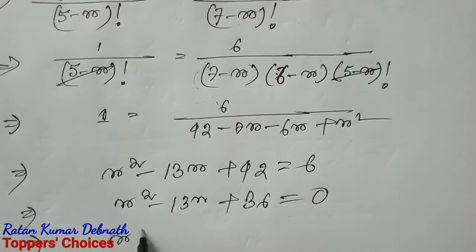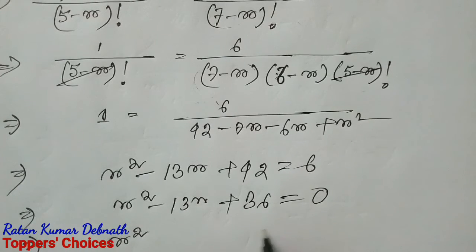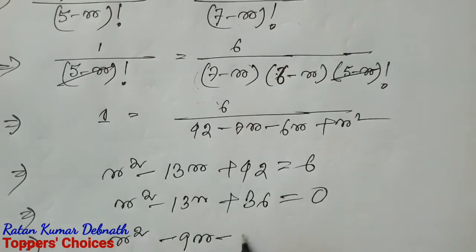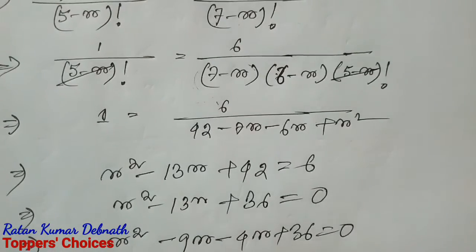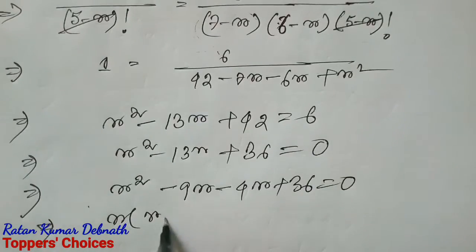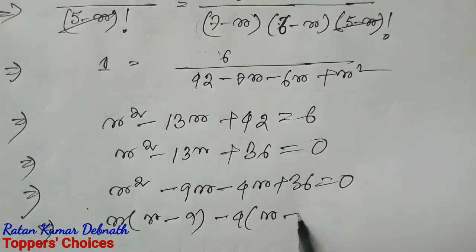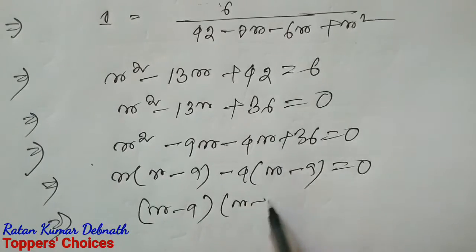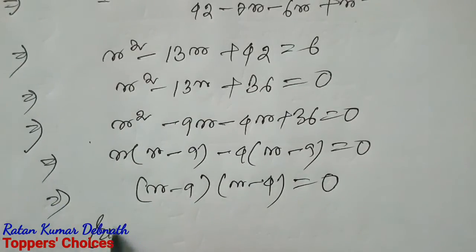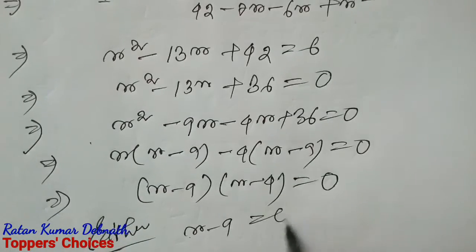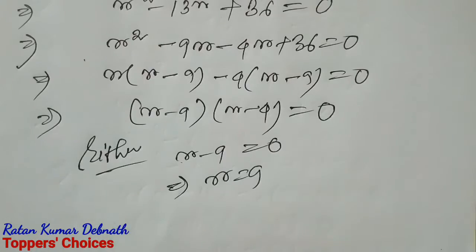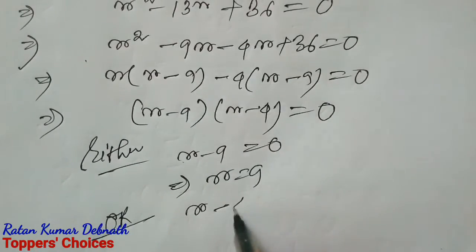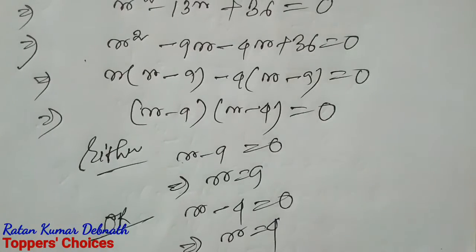By factorizing, 4 nines are 36, therefore either r minus 9 equals 0, which implies r equals 9, or r minus 4 equals 0, which implies r equals 4.